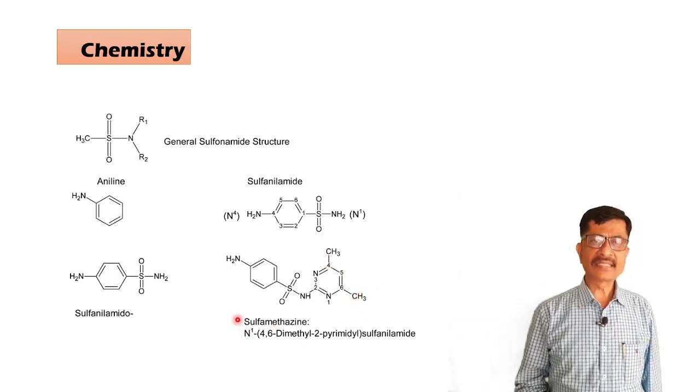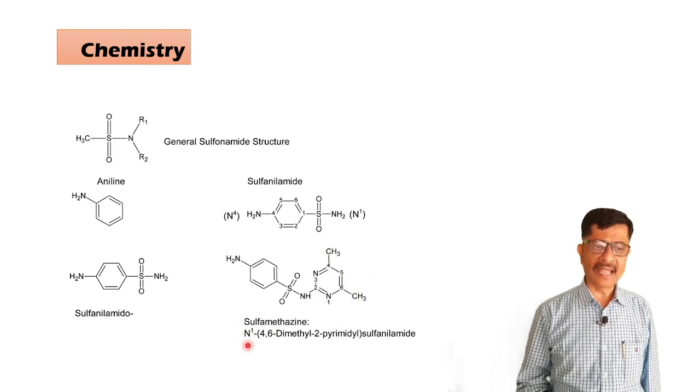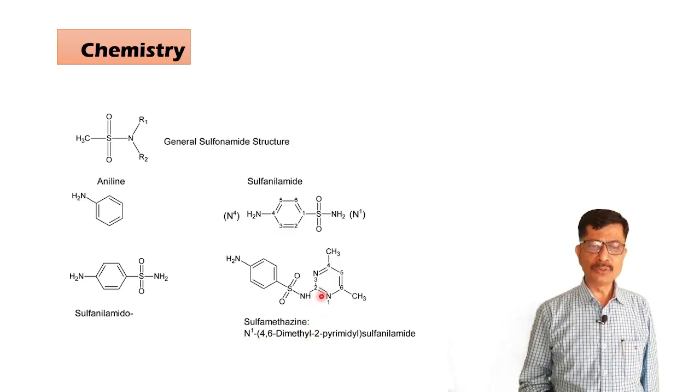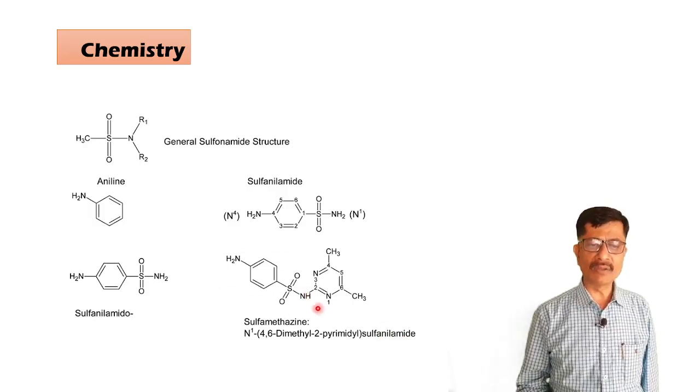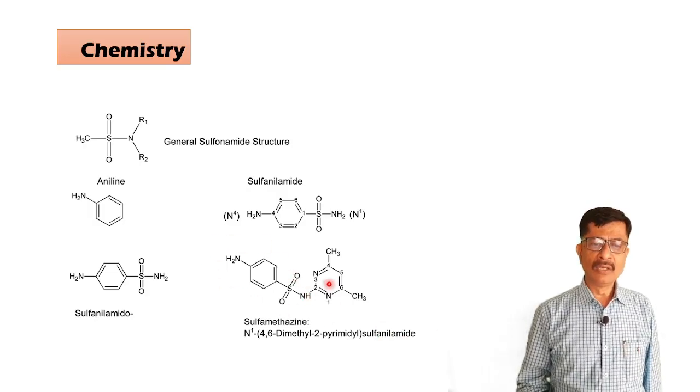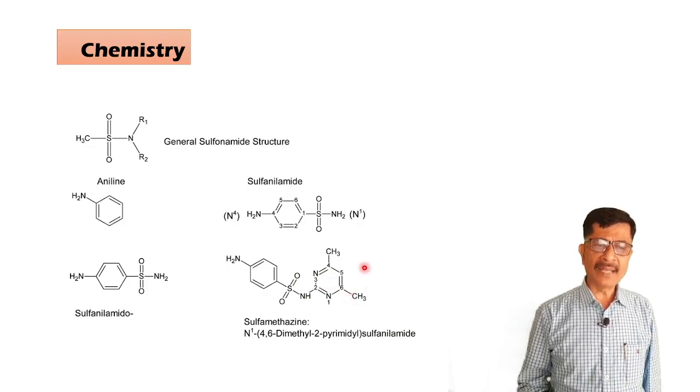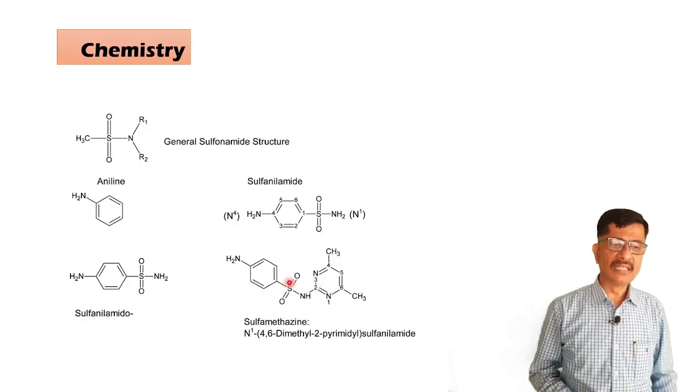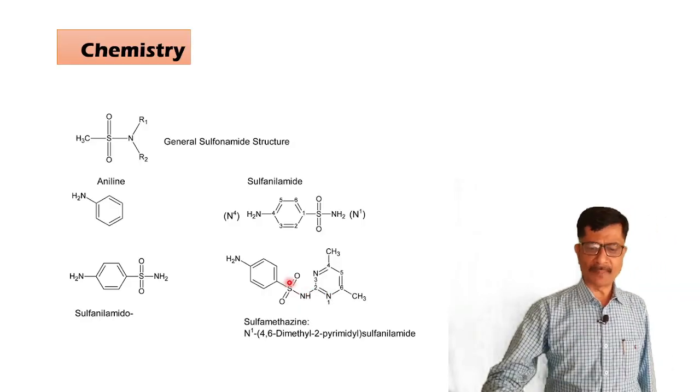So its chemical name is N1-(4,6-dimethyl-2-pyrimidyl)sulfanilamide. So this is basic sulfanilamide, and on this sulfanilamide a 4,6-dimethylpyrimidine is substituted. Okay, so this is the chemistry of sulfonamides.